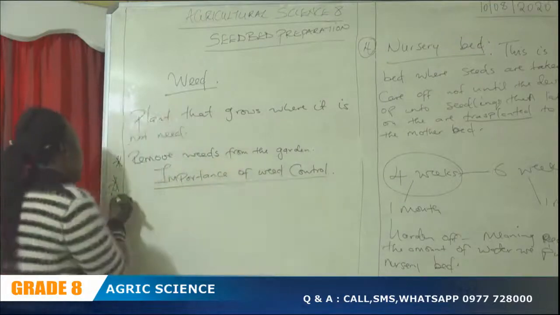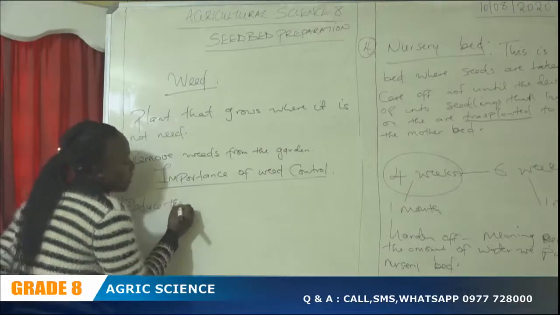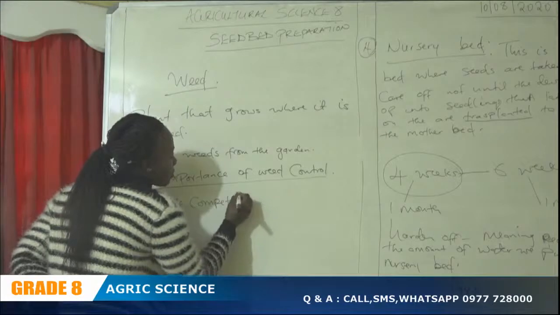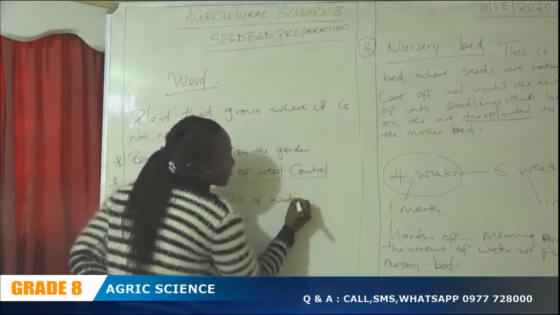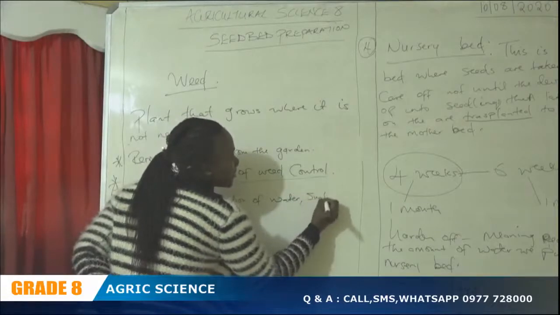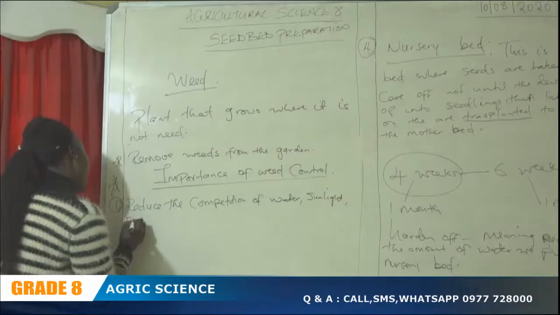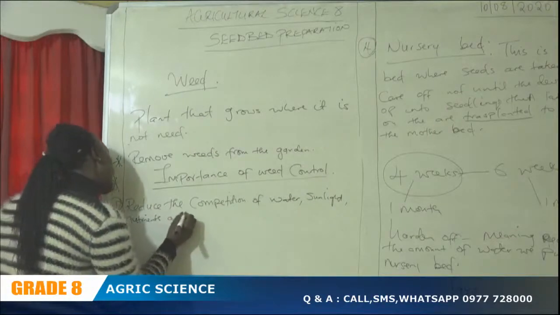So the first point, to reduce the competition of water, sunlight, nutrients, and space.